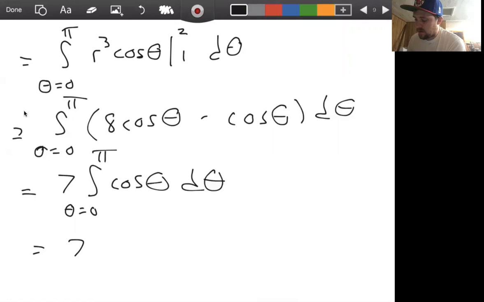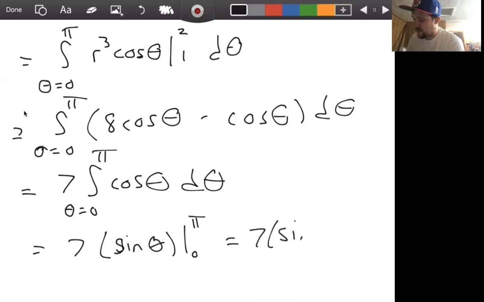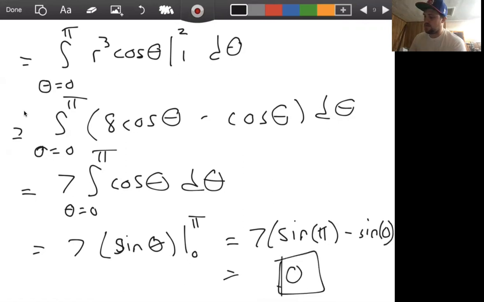Once you integrate cosine, you get sine theta from 0 to pi, and this is 7 times sine of pi minus sine of 0, which is 0 minus 0, so this whole integral was just 0.